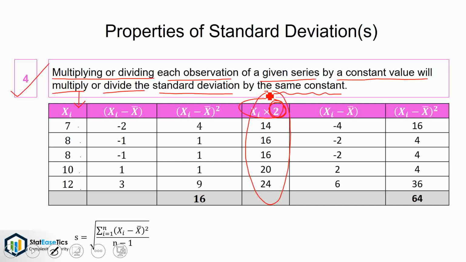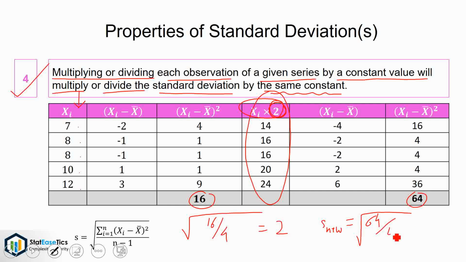The standard deviation of the original series is root of 16 by 4, which is equal to 2. And the standard deviation of the new series is equal to root of 64 divided by 4, which is equal to 4.